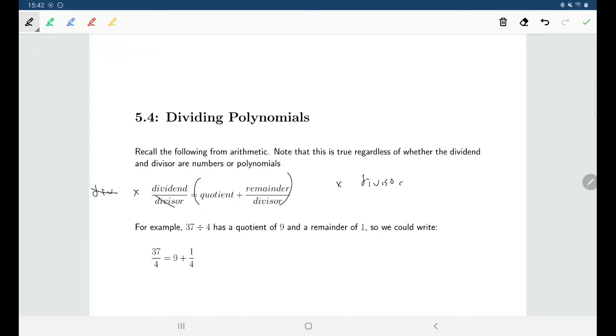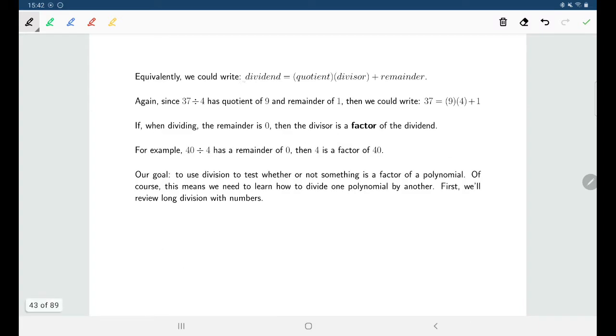For the second term, the remainder over divisor, the divisors would cancel. And in the first term, you would now have quotient times divisor. And that's what we have here on the next slide, that going from this equation to this one just came from multiplying both sides of the equation by whatever the divisor is.